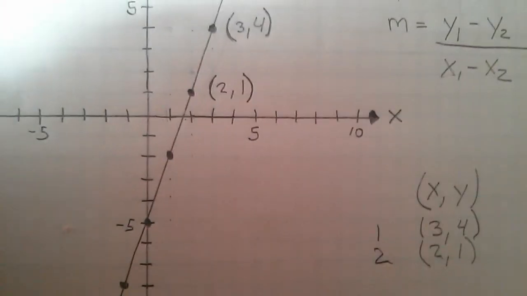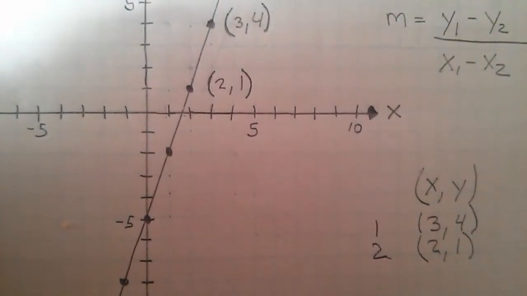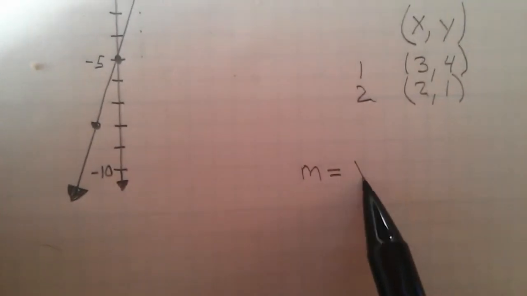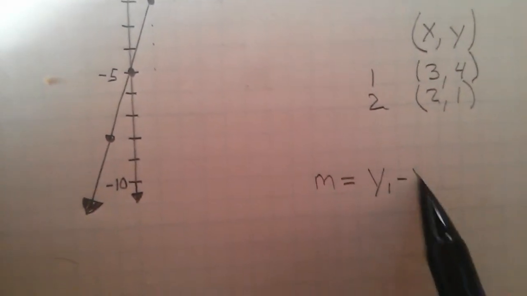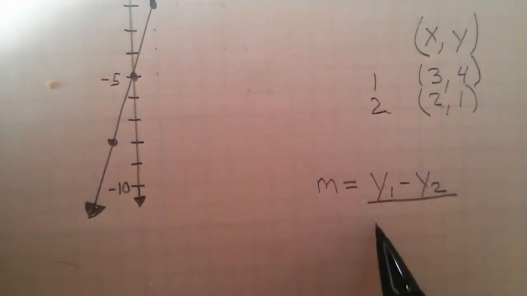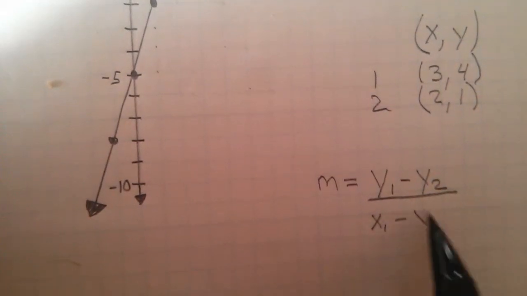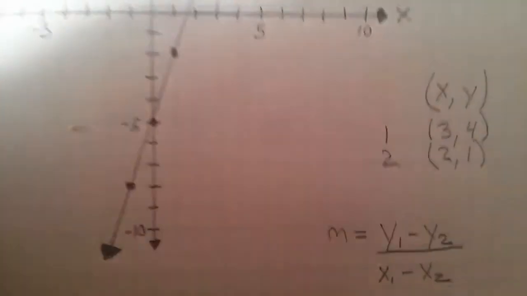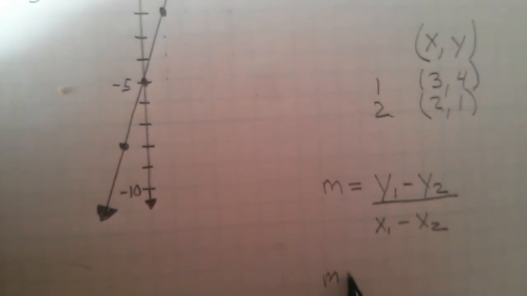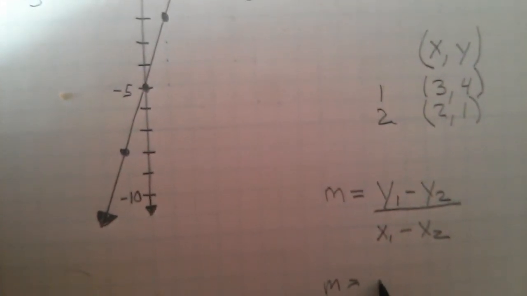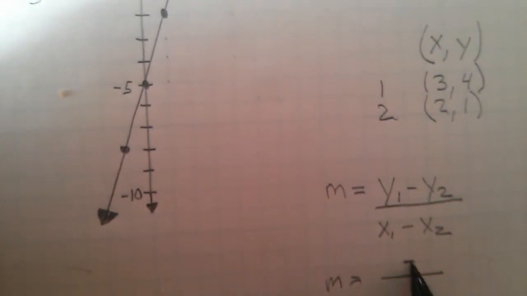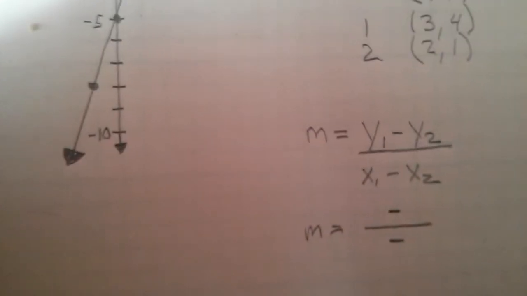And now I'm just going to use the equation. I always rewrite the equation: y1 minus y2 over x1 minus x2. Now I'm going to rewrite it and put the subtraction in place.